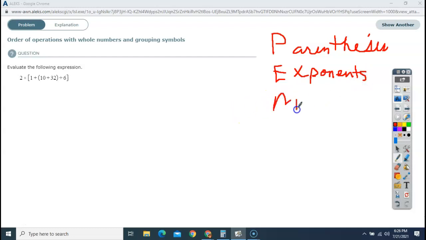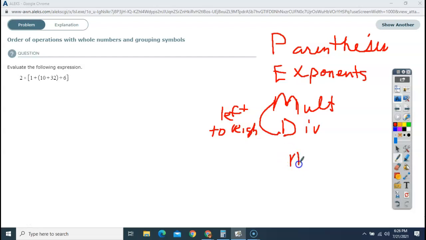And then multiply, divide, those go together from left to right. And then add or subtract. Adding and subtracting is the last thing you're going to do in any of your order of operations. And you always go from left to right.